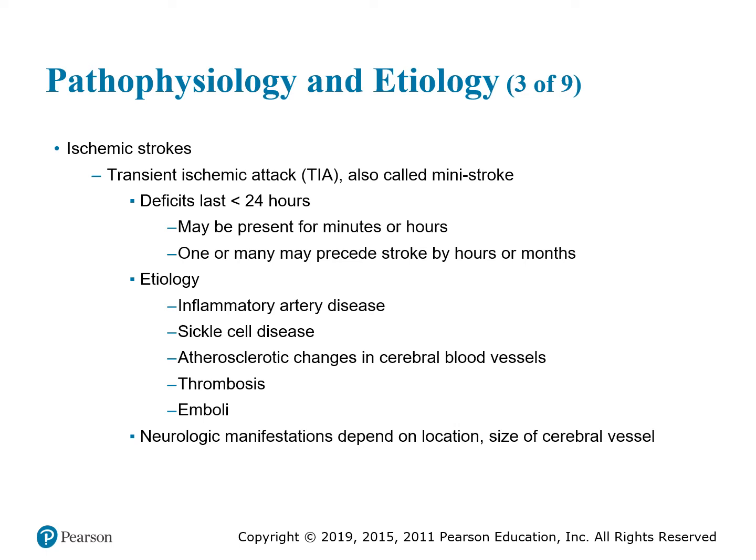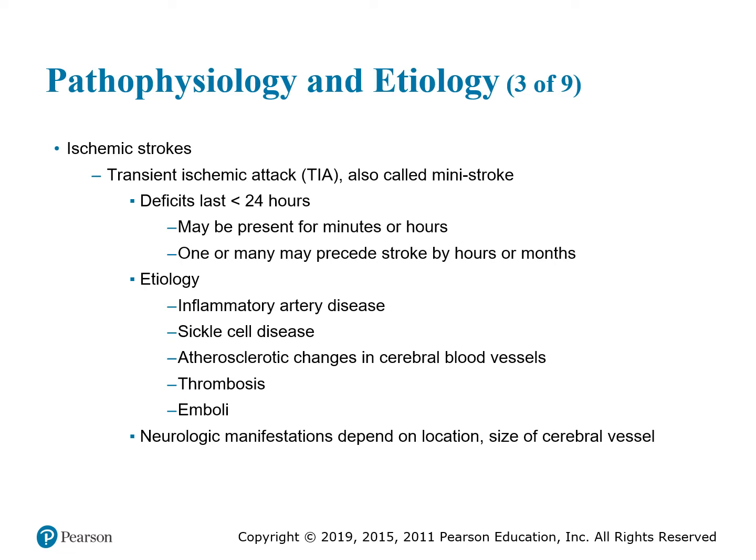So some of the causes of a TIA, and there's many things listed here in your chapter as well, on page 1326. But inflammatory artery disease, sickle cell, atherosclerotic changes, so those hardening of the vessels, thrombosis, your clots, and emboli, and clots again.